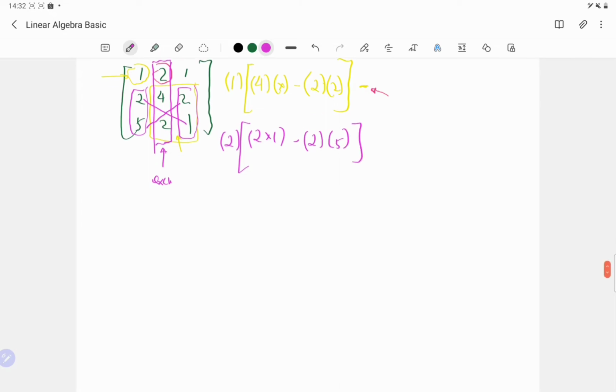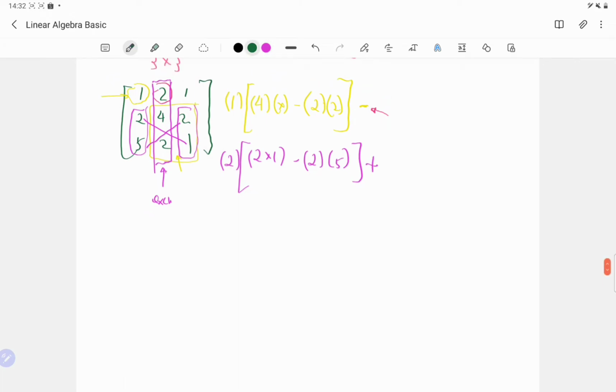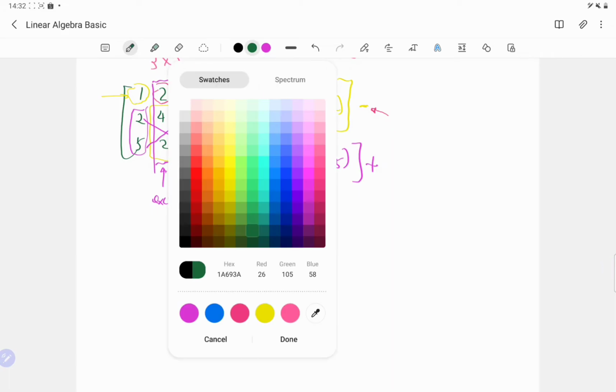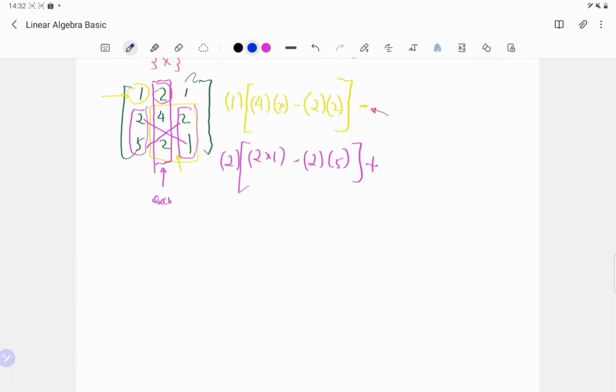Okay, that's it. Plus, okay, so this is the last row. Let's use a different color. The last row, last column, I mean, this is the time we will use this. Okay, 1, cross this, 2 by 2 minus 4 by 5. Okay, let's do this.